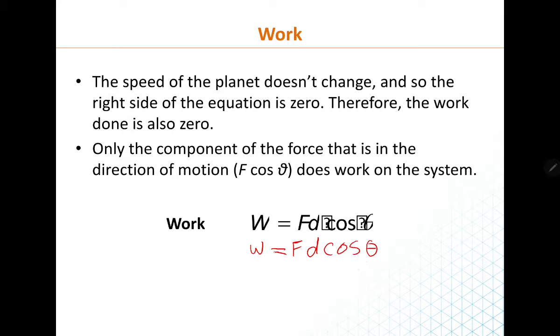For example, if theta equals 90 degrees, then W equals Fd cosine 90 degrees. The cosine of 90 degrees equals 0, and 0 multiplied by any number equals 0, so the work will also equal 0. The work is equal to 0 when we have a perpendicular theta.